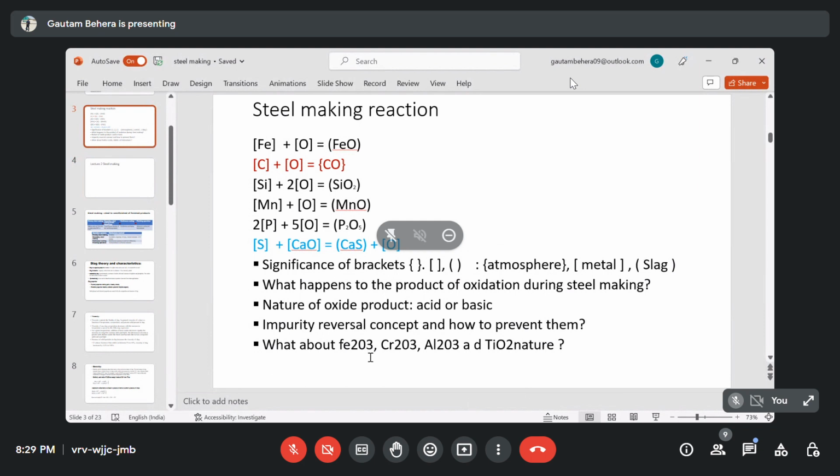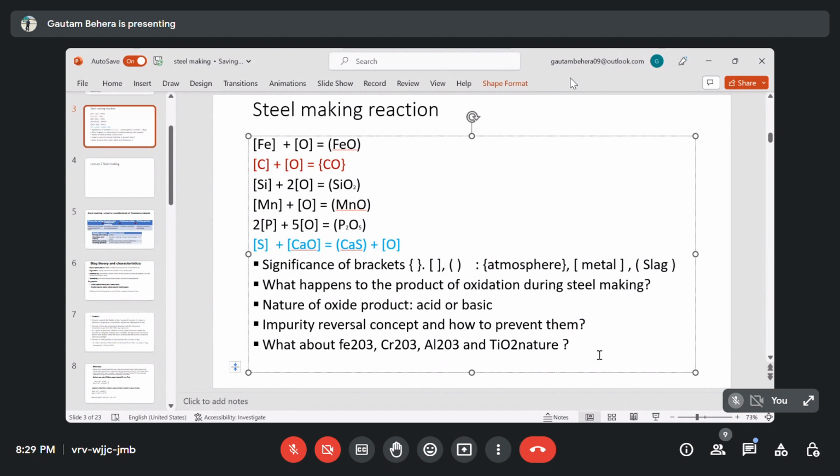What about Fe2O3, Cr2O3, Al2O3, and TiO2 nature? So in the previous lecture, if you remember, I was talking about the nature of oxides which are formed in the steel making process.